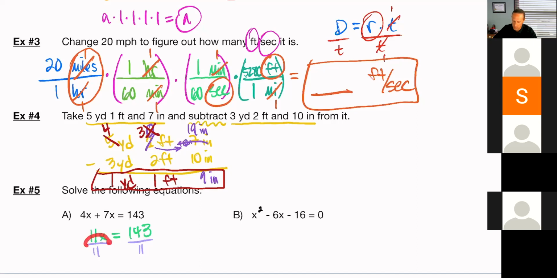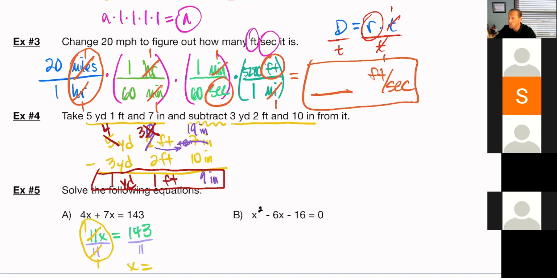And as long as we do something to one side to keep it equal, we got to do the same thing. All right. And like we just mentioned, what happens when we divide something by itself? Cancels it out. So we get 11 divided by 11, which is 1. And now I have that 1x, which is what I wanted to know.